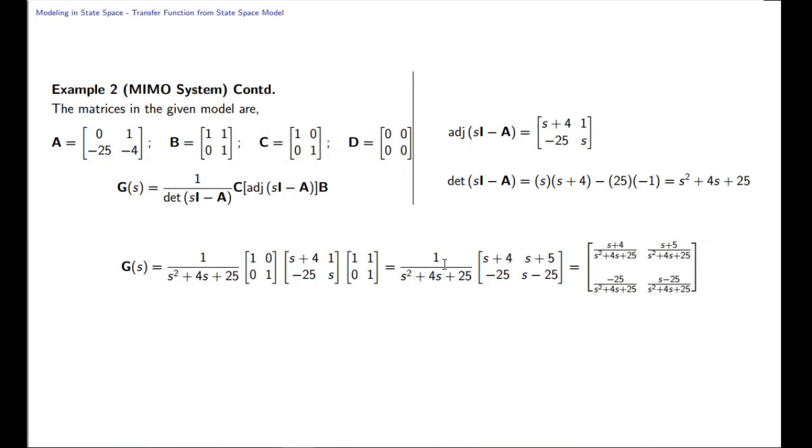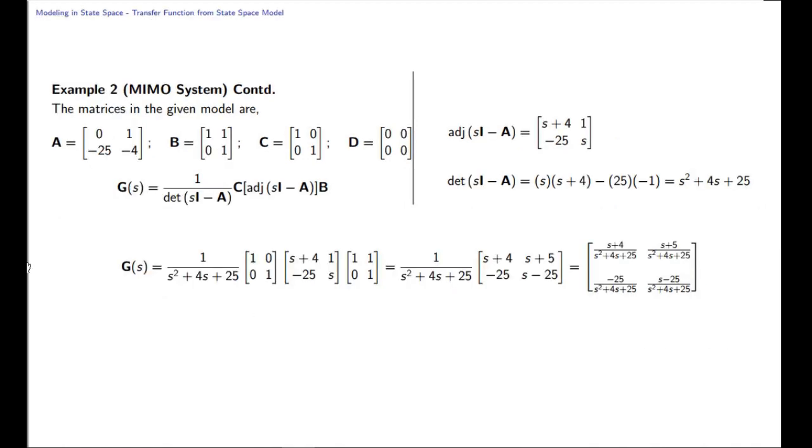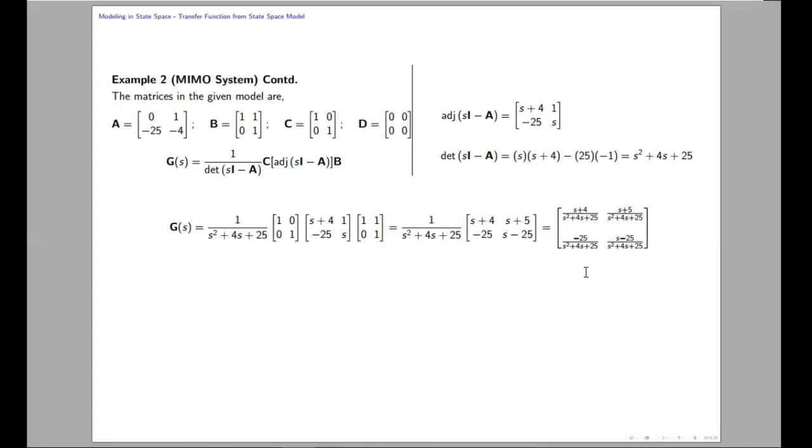Now you can see 1 by S square plus 4S plus 25 is common for all elements. So I can take this inside the matrix, and all these elements will have a denominator of S square plus 4S plus 25. So this is G of S, and I got a transfer matrix instead of a transfer function.